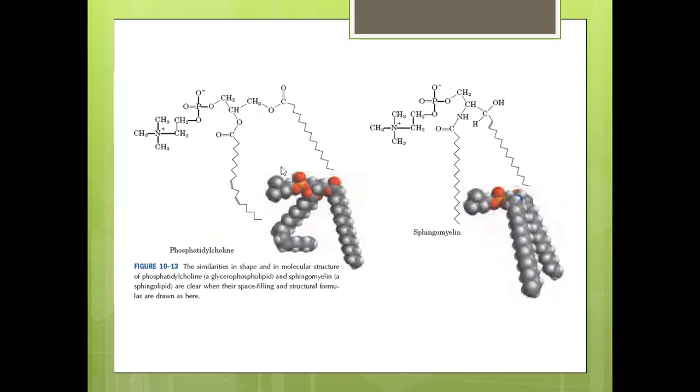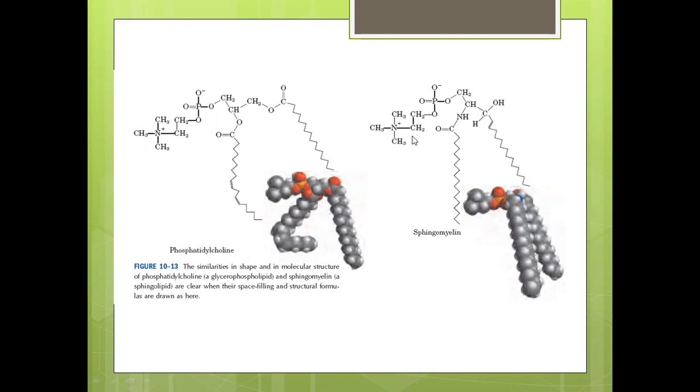If you look at the glycerol, the glycerol is esterified with fatty acids, and the third carbon has the phosphate, P double bond O, oxygens, and one of the oxygens is bonded to another group. This is a choline, this is phosphatidylcholine.